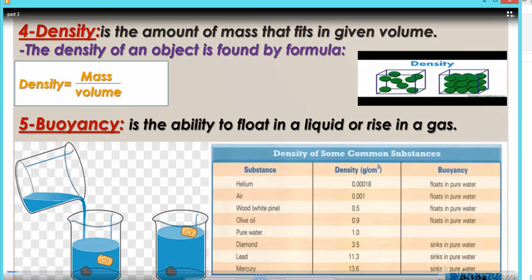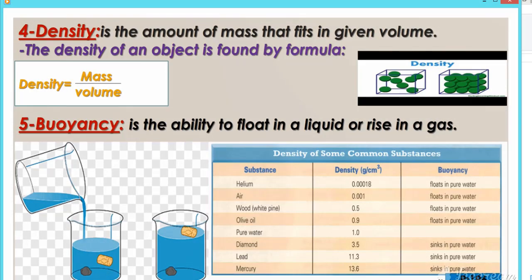I will talk about another observable physical property. Number 4, density. Density is the amount of mass that fits in a given volume. This is the definition of density. Please underline it in your book. Density is the amount of mass that fits in a given volume.